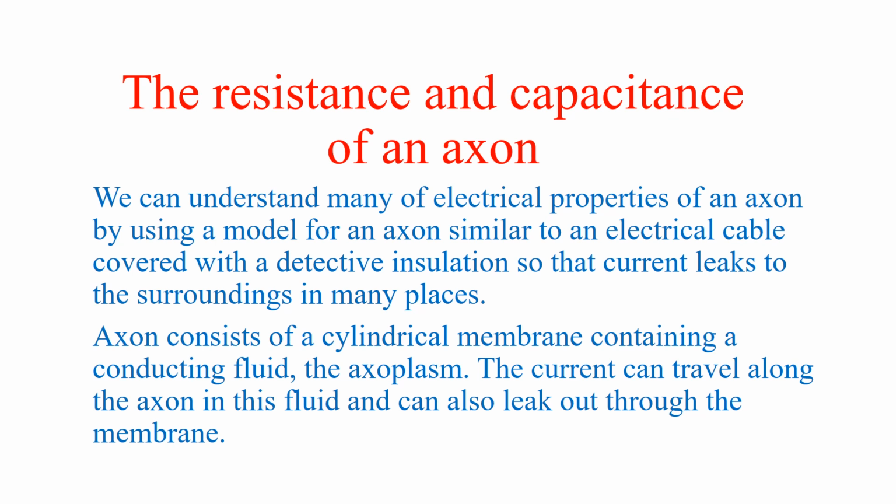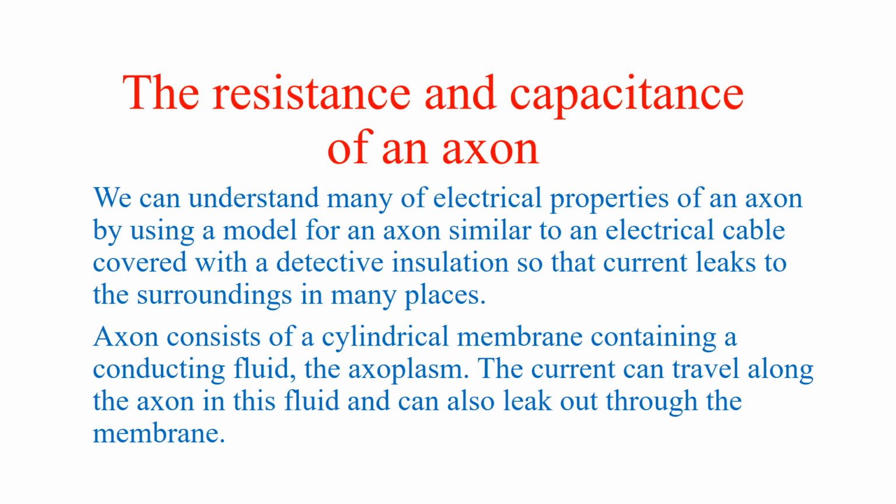In the next slide, I will show you the model that we use in order to understand the electrical aspects of the axon. So the axon consists of a cylindrical membrane containing a conducting fluid, the axoplasm.